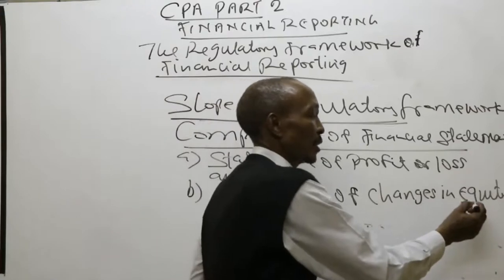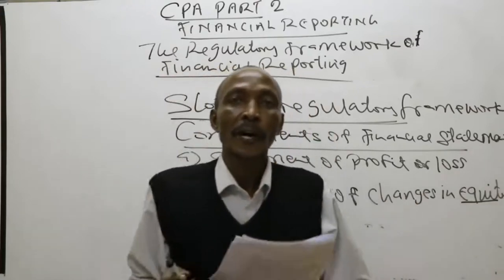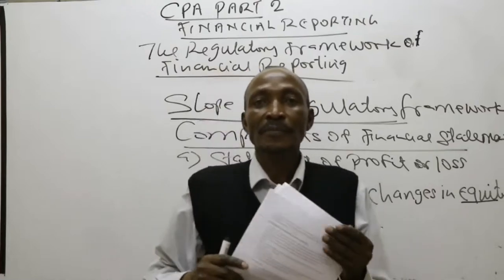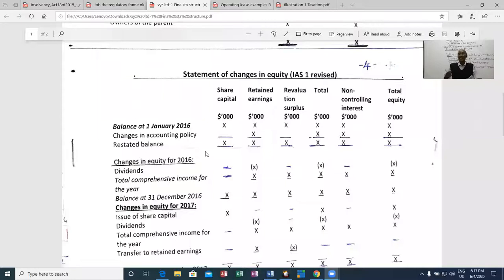The term equity, as the key term there, is the interest of the owner of the business in that business, or what does the owner of the business really claim to own in the assets of that particular business. Another word, a common term used there, is the word capital.